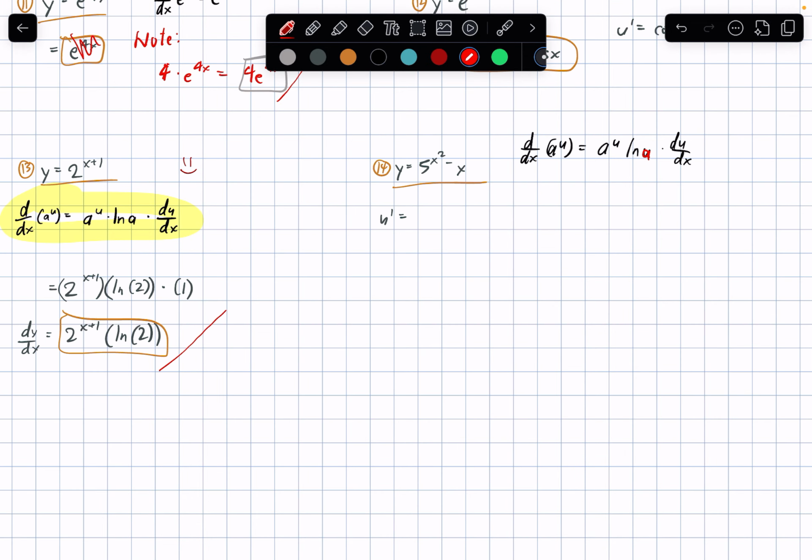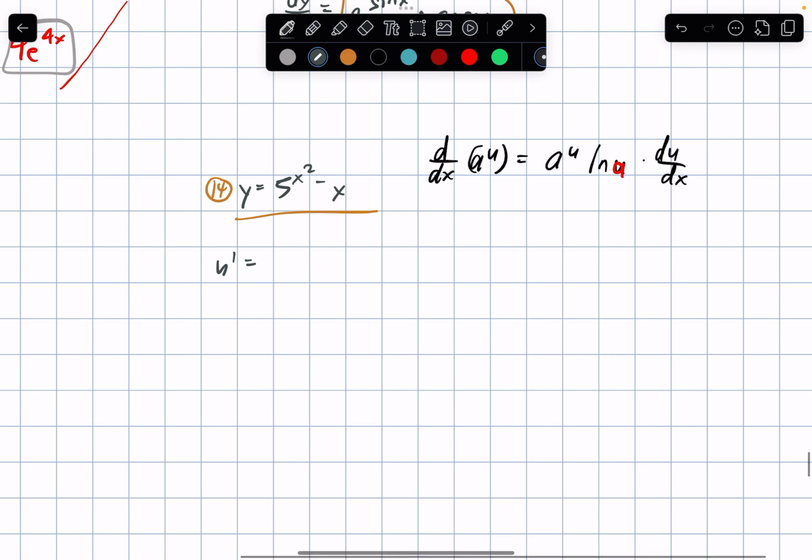Whoops. Okay, there is no quotient or product rule here, just a minus sign. So A is 5. Well, you just copy, okay. And then times ln 5 times the derivative of it. What's the derivative if u is equal to this?